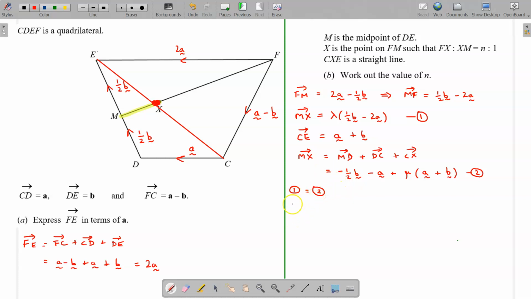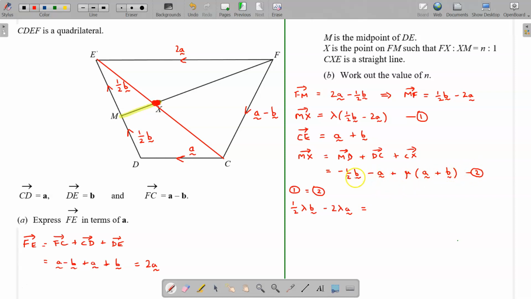So therefore, lambda, I'm going to expand out the brackets. So a half lambda b minus 2 lambda a must be equal to this equation here.